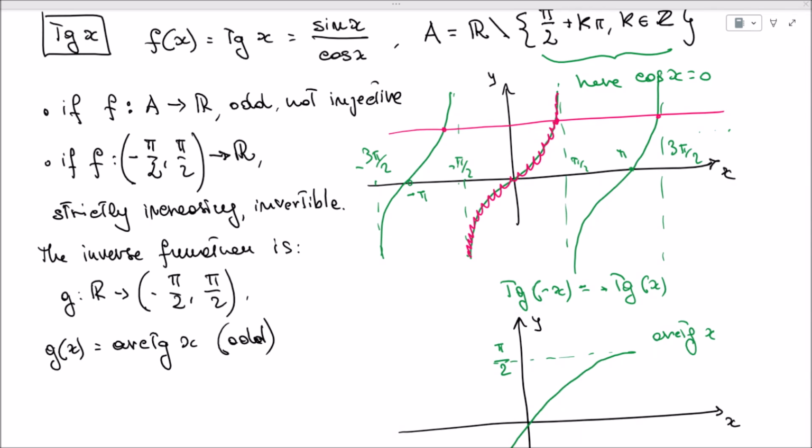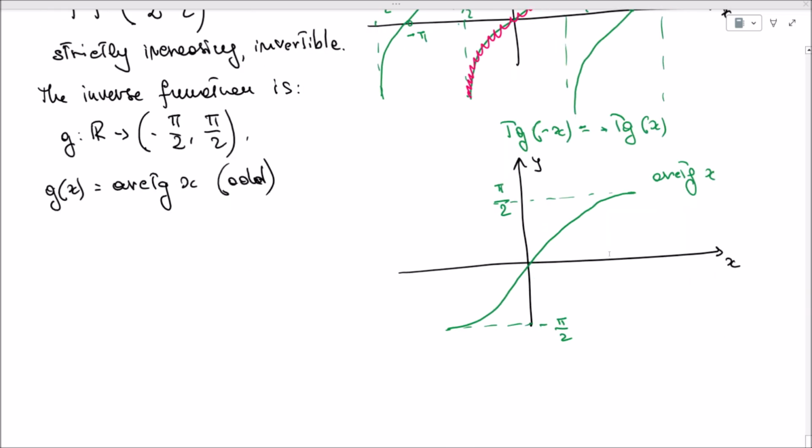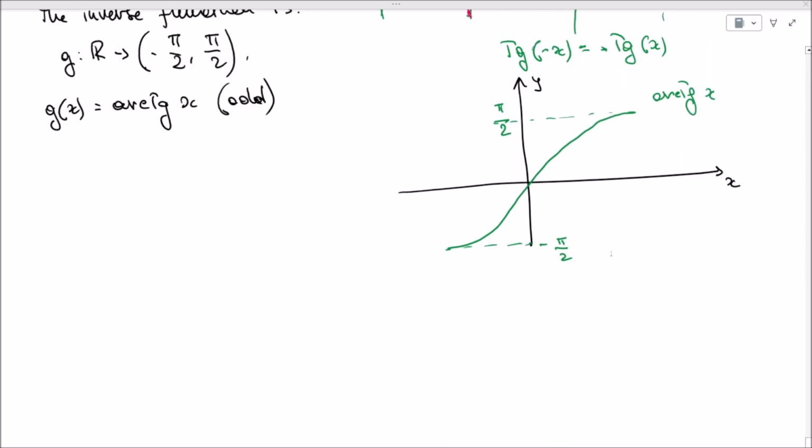Now this seems quite clear. However, when actually doing calculations, it is very easy to make mistakes. So for example, let's consider this expression: arc sine of sine of 1 and arc sine of sine of 2.